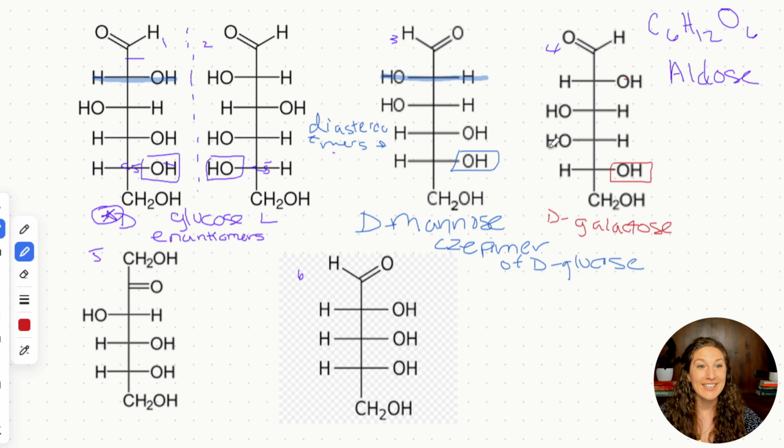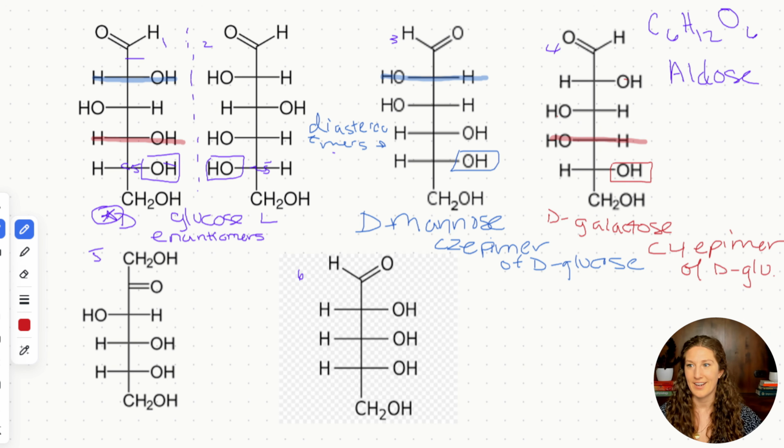Okay, so for D-galactose and D-glucose, we can see that the only difference is at carbon 4. All right, so carbon 4, it's going to be a C4 epimer of D-glucose, we'll just write, all right?